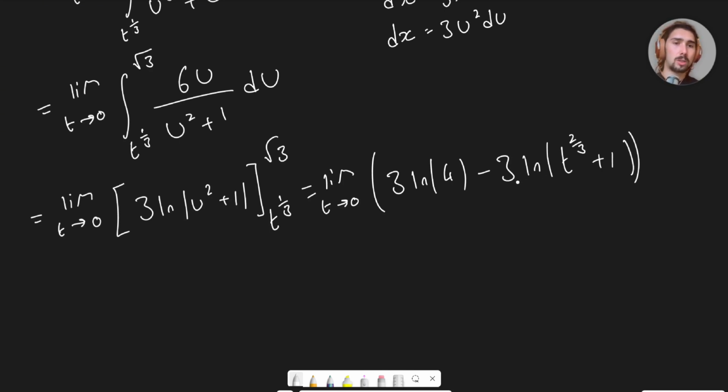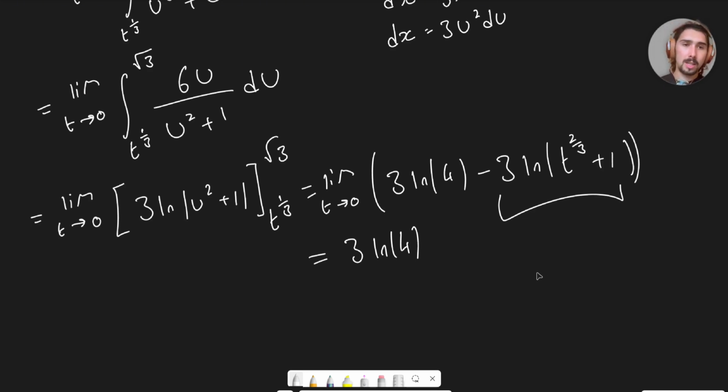So that gives us 3 ln 0 plus 1. Okay. And that finally, once we've actually taken those limits, we can see the final answer is going to be 3 times the natural log of 4, because this term here vanishes, because basically as t goes to 0, t to the 2 over 3 goes to 0 as well. Okay, that's the idea. So that's the final answer, 3 times the natural log of 4.